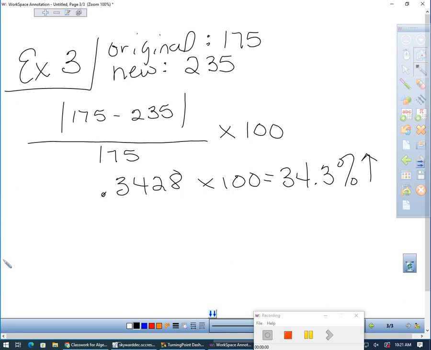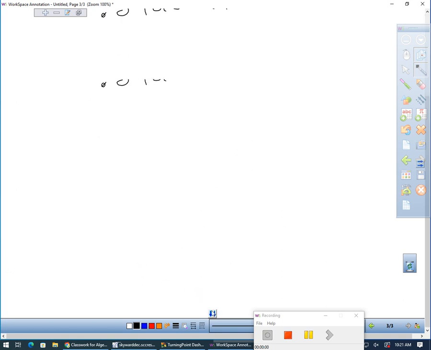Now we have to talk about percent error. Percent error is how much, if you're estimating somebody's weight, height, or age, it's that percent of error that you could be off from what they actually are. Here's the formula we're going to use, very similar to percent change.